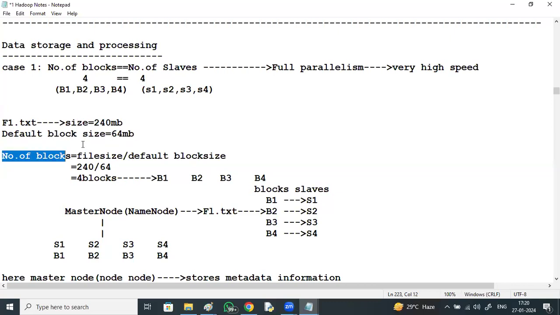Into how many blocks is this file divided? 240 by 64, so 4 blocks: B1, B2, B3, B4.